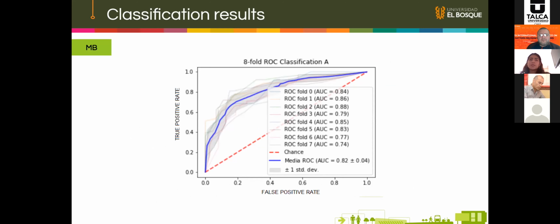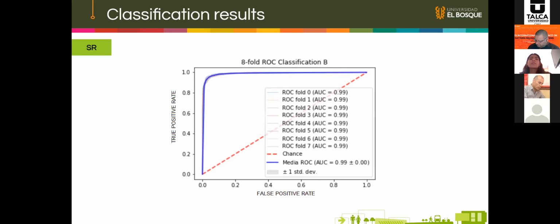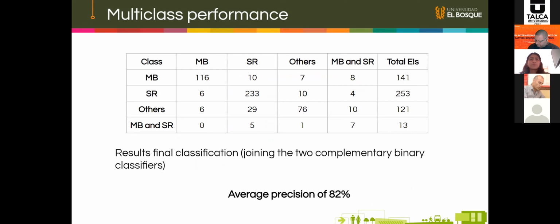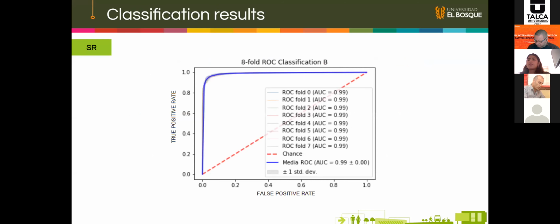The ROC curve is computed, and the area under the curve is also used as a performance metric, where the mean AUC for classification A is 0.82, and for classification B is 0.99, with a standard deviation of 0. These results are comparable with the state-of-the-art reported strategies that have shown the best performances in classifying the concerned artifacts.